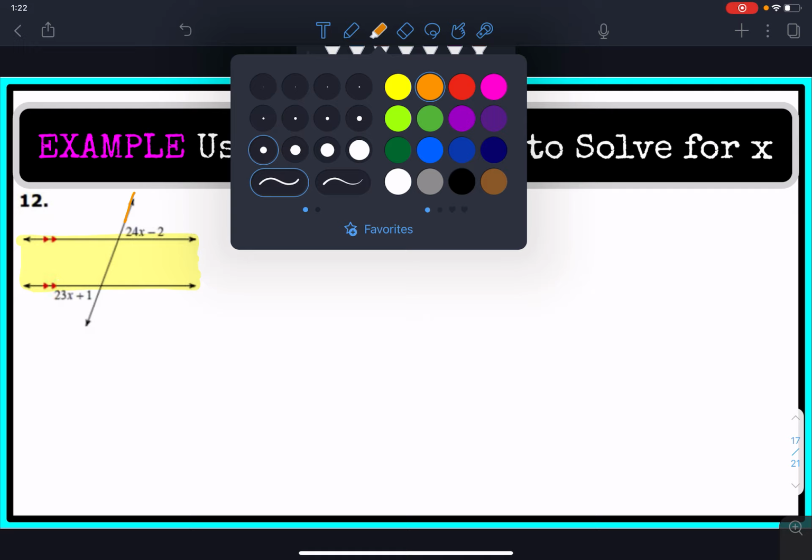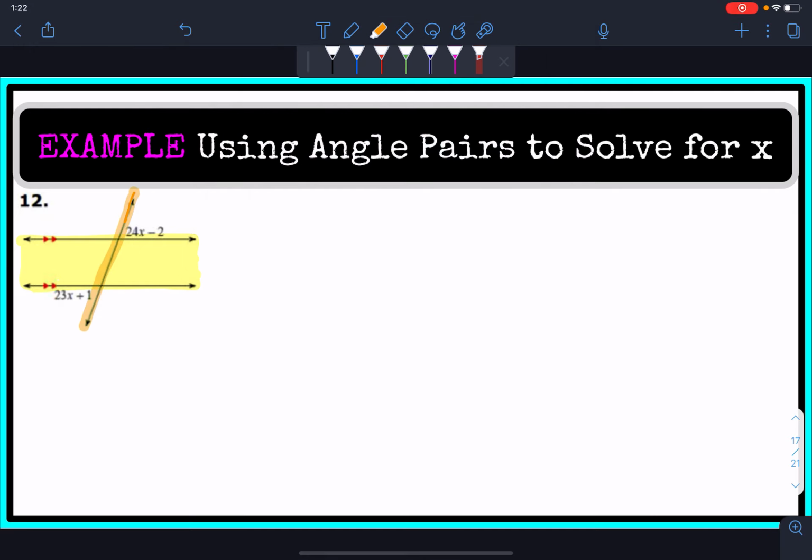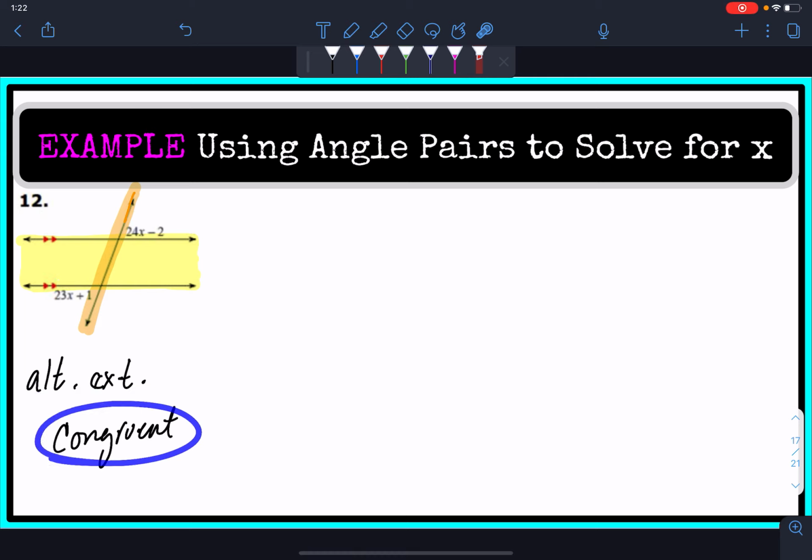And because both angles are on opposite sides of this transversal, they are alternating, so they're alternate exterior angles, which means again that they are congruent. Now again, if you were not able to identify they're alternate exterior angles, you should be able to identify that they're congruent by just simply looking at the angle. Notice how this angle is an acute angle, and this angle up here is also an acute angle, which means that they're the exact same acute angle, so they have to equal each other.